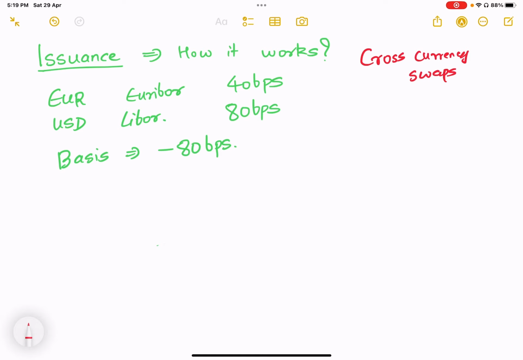And if a corporation, maybe last time I used Omega, issues this in the US, then it will need to pay something like LIBOR plus 80 pips.